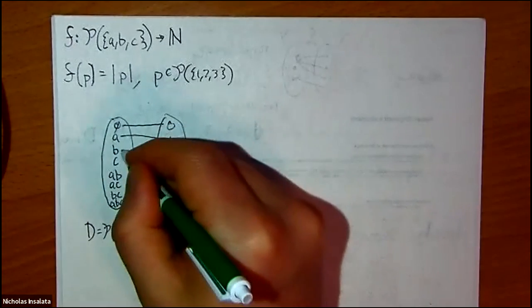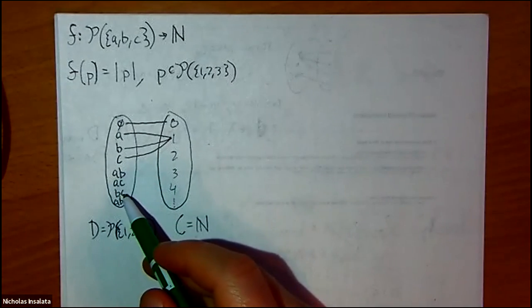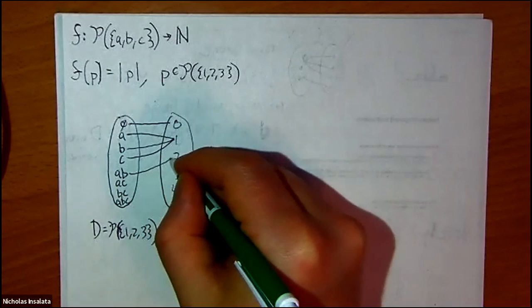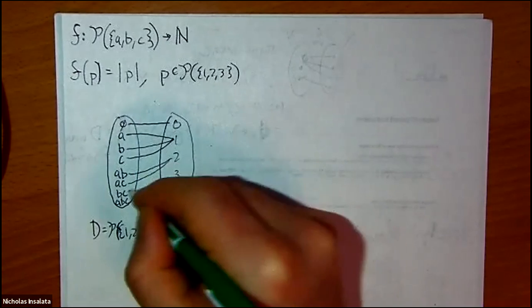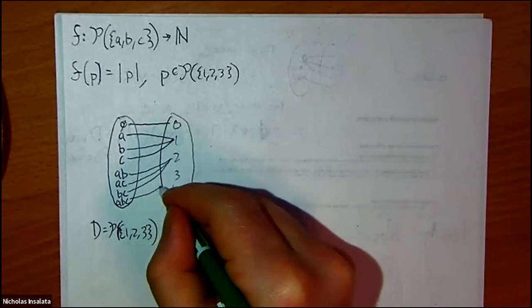So we got 1, 1, and 1 for A, B, and C. Okay, how about the next ones? 2. Okay, so for A B, A C, and B C, those are all 2. And lastly, A B C? 3. Perfect. Okay, and that's it. There's our arrow diagram. What do you guys think? Questions?